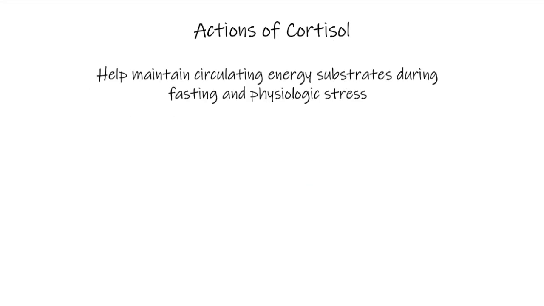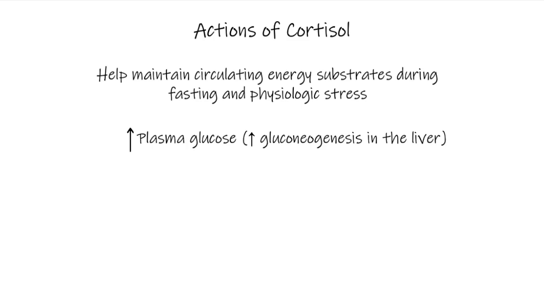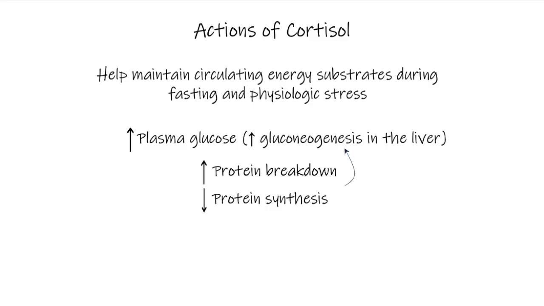One major function of cortisol is to help maintain circulating energy substrates during fasting and physiologic stress. Cortisol promotes gluconeogenesis in the liver, allowing the liver to produce glucose from non-carbohydrate substrates. In skeletal muscle, cortisol increases protein breakdown and decreases protein synthesis. Both of these serve to increase the availability of amino acids for gluconeogenesis.